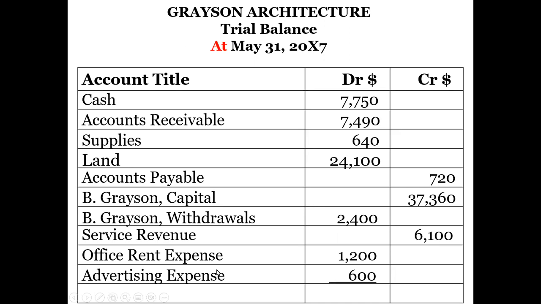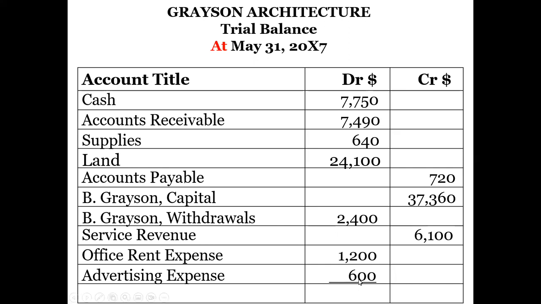So now is the acid test. Let us total our debit column and see if it agrees with the total of the credit column. Let's go. When you add up the debit column, what are you getting? 44,180.